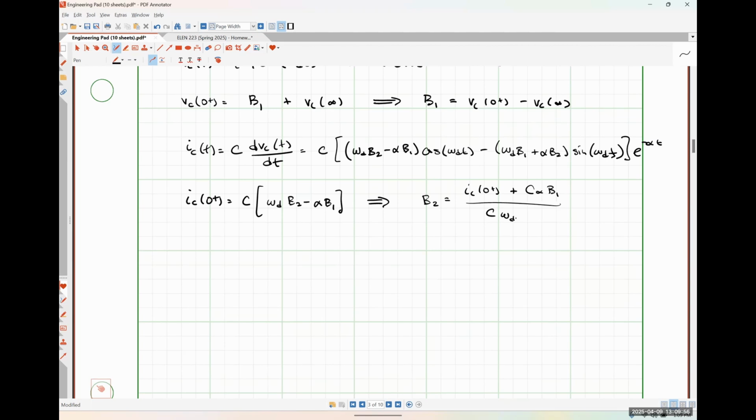It's after we put everything in terms of the capacitor or the inductor. If we were doing inductor current and inductor voltage, the only thing that would change would be that it would now be VL at 0 plus, and those C's would obviously be L's because we're dealing with inductor quantities.